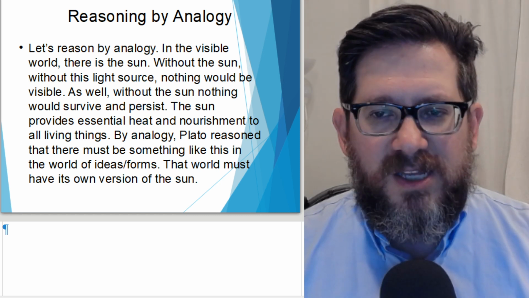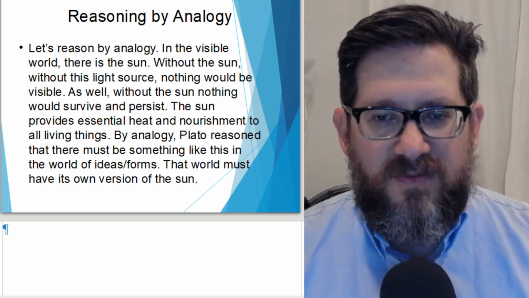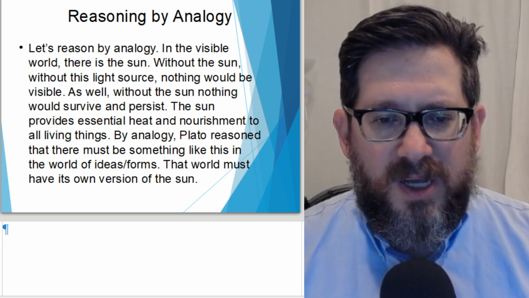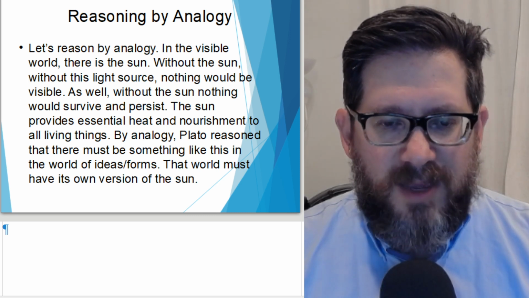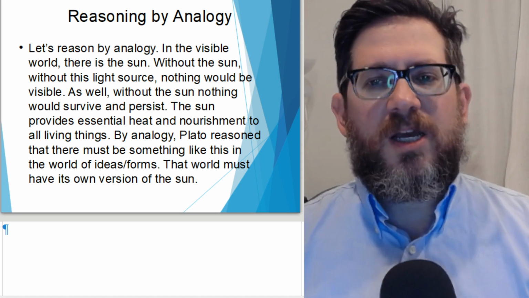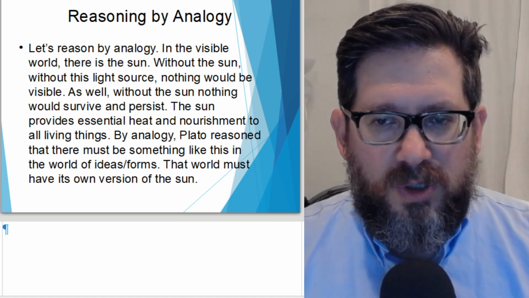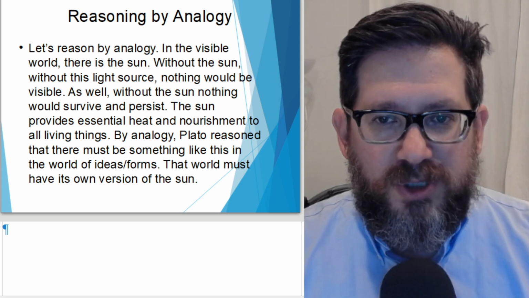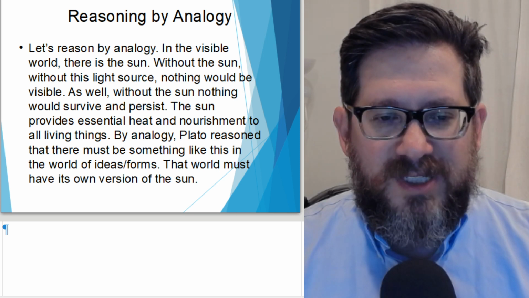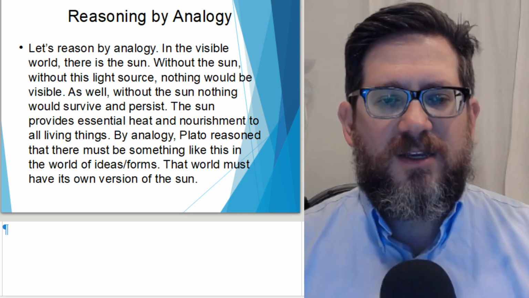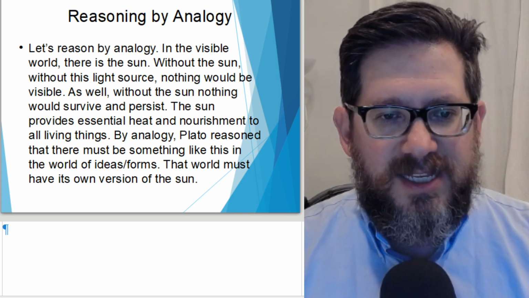So by analogy, Plato is going to reason if there's this sun in the visible world, there must be some sort of, not the sun in the sky, but some sort of intelligible sun in the intelligible world. And that intelligible sun creates some sort of intelligible light such that from that light we're able to grasp ideas, we're able to think ideas.